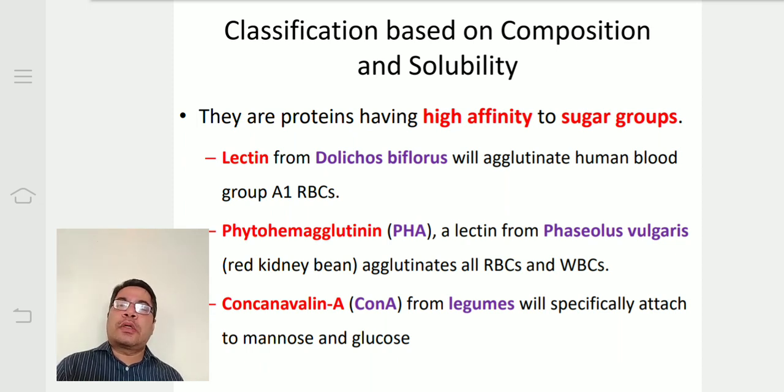Phytohemagglutinin or PHA, a lectin from Phaseolus vulgaris, that is red kidney bean, agglutinates all RBCs and WBCs. Concanavalin A from legumes will specifically attach to mannose and glucose.